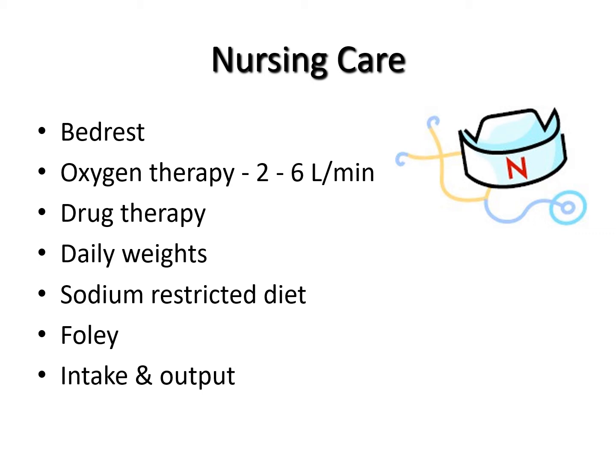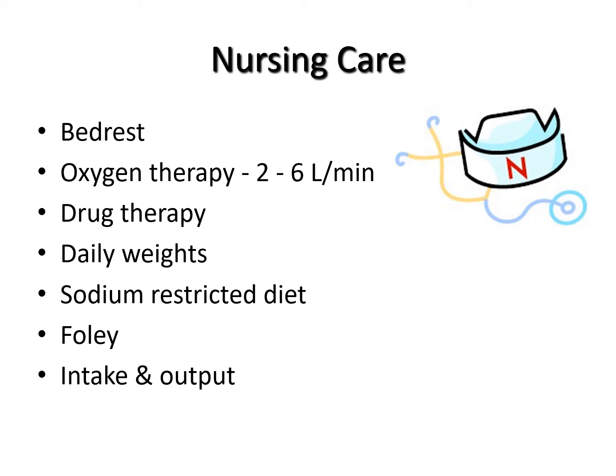And because they're frequently on diuretics such as Lasix, they may also have a Foley catheter, because they'll be voiding a lot, and especially at night we don't want them waking up and walking to the restroom and increasing their risk for falls. We must monitor the intake and output very closely with our heart failure patients.